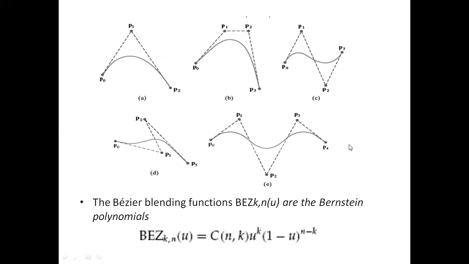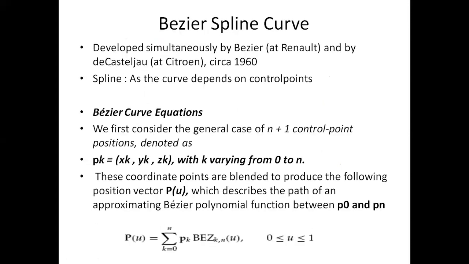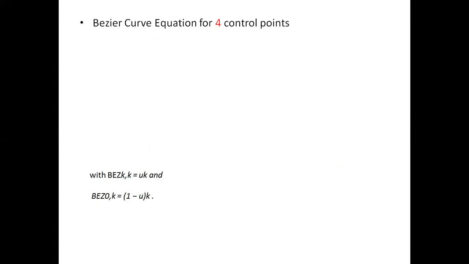Okay, now the question they will be asking is to explain Bezier curves. The explanation of Bezier curves is this Bezier equation, everything you will explain. Now write or give the Bezier curve equation for 4 control points.